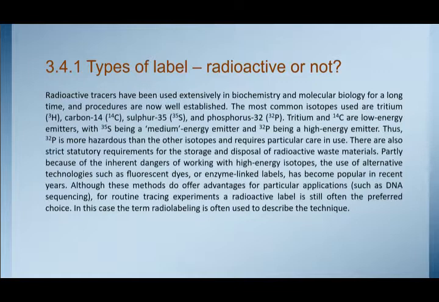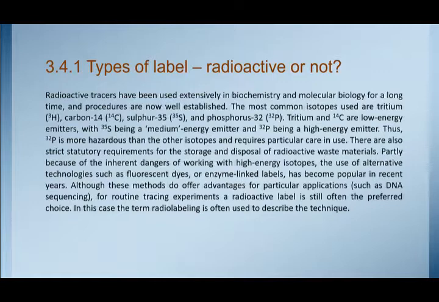Radioactive tracers have been used extensively in biochemistry and molecular biology for a long time, and procedures are now well established. The most common isotopes used are tritium, carbon, sulfur, and phosphorus. Tritium and carbon are low energy emitters, with sulfur being a medium energy emitter and phosphorus being a high energy emitter.